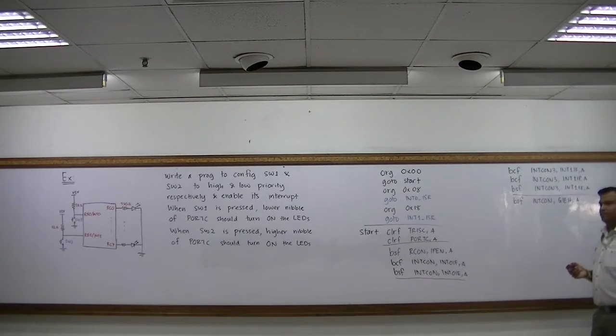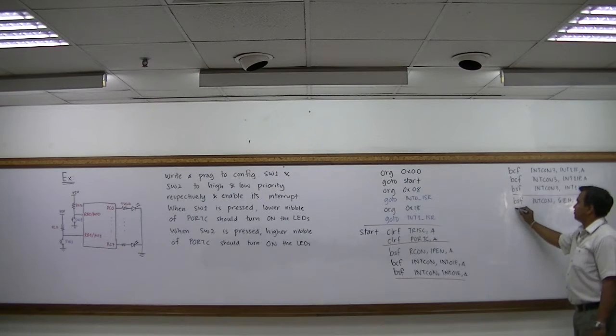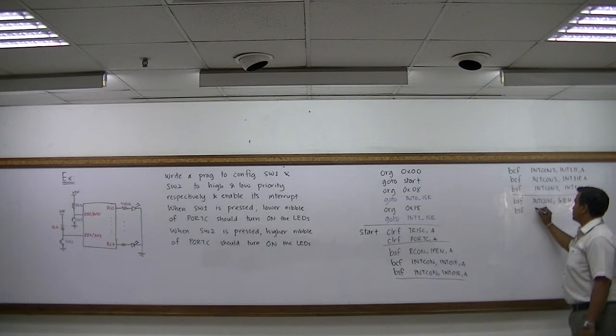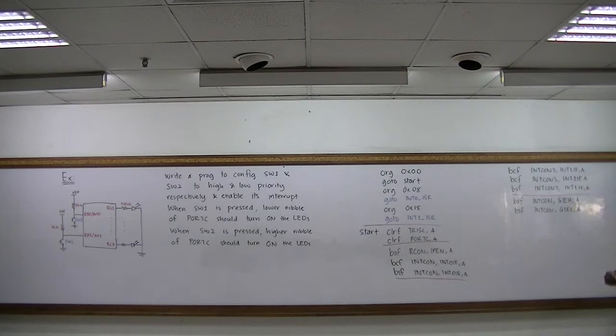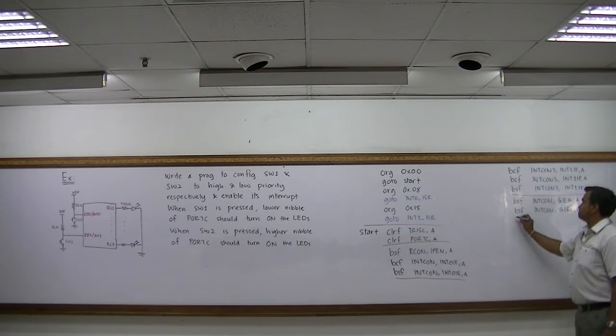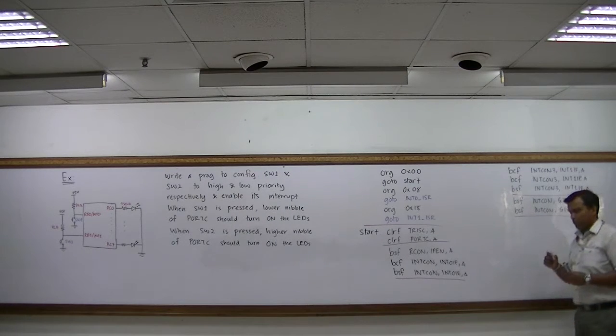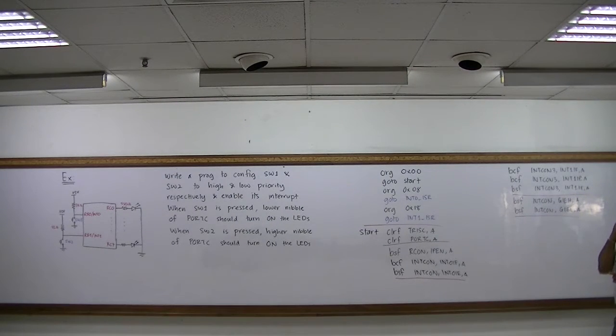What else is missing? So now both are done, right? So you configured both interrupts. Now what do you need to do next?